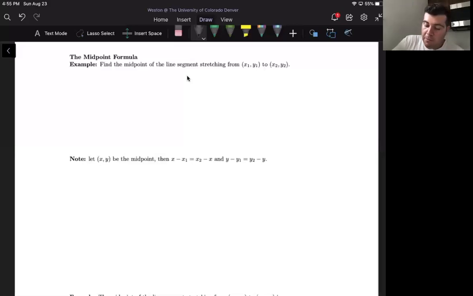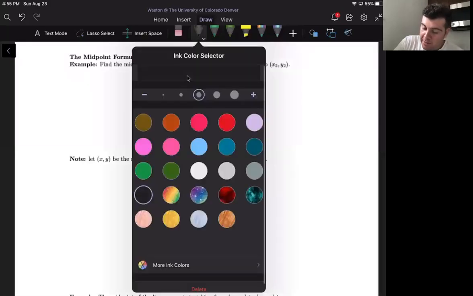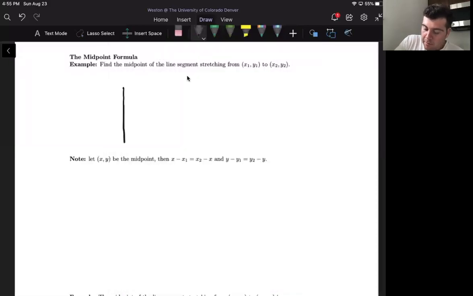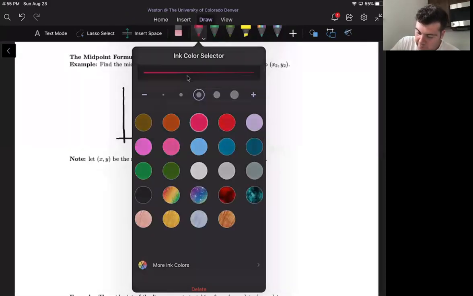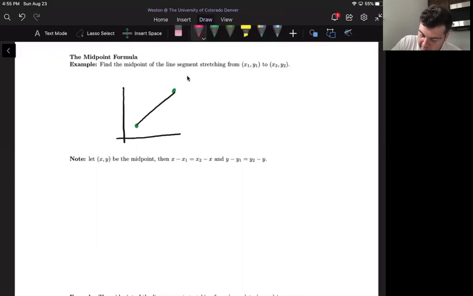So to find the midpoint, we'll illustrate the concept first by drawing a graph. If we have a graph and we have 2 points on the graph and a line segment connecting them, then the midpoint is the point in the center, so that the two segments now defined by that midpoint have the same length.